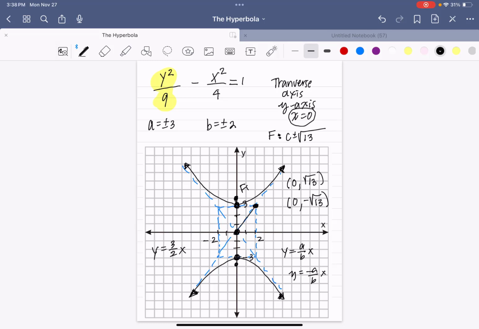And so that's that first asymptote. And then y equals negative 3 over 2 times x. Start at the origin, go down 3 to the right 2, and that gives me the equation of this second asymptote. So 3 over 2 x and negative 3 over 2 x. And it's a over b and the opposite of a over b.